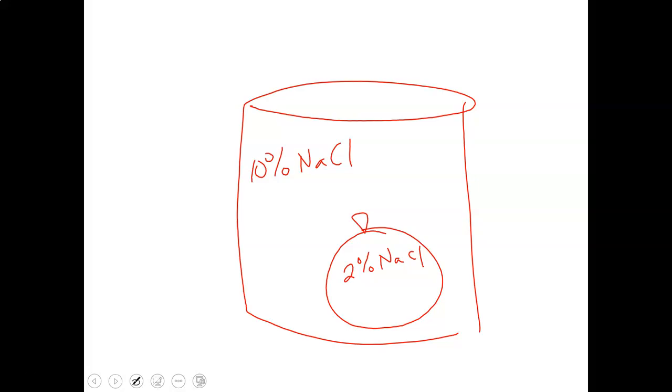So what's going to happen to the bag here? Well, which side is hypotonic and which side is hypertonic? Well, this has more dissolved stuff, so this is hypertonic. And the bag is hypotonic. And because water moves from hypo to hyper, the net movement of water will be out of the bag, and the bag will shrivel up. Okay?